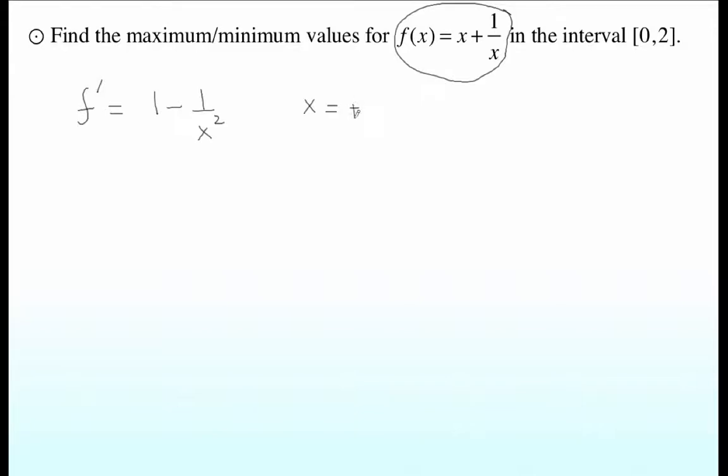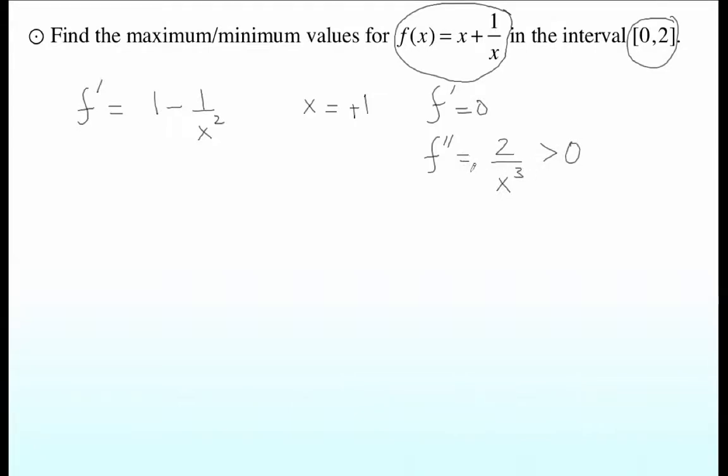However, we are only interested in this interval between 0 and 2, and so we need not worry about the negative value of x. At this point, f prime is 0, and we can calculate f double prime, which from here we see is 2 divided by x cubed, and this at x equals 1 is positive, so we expect a local minimum.